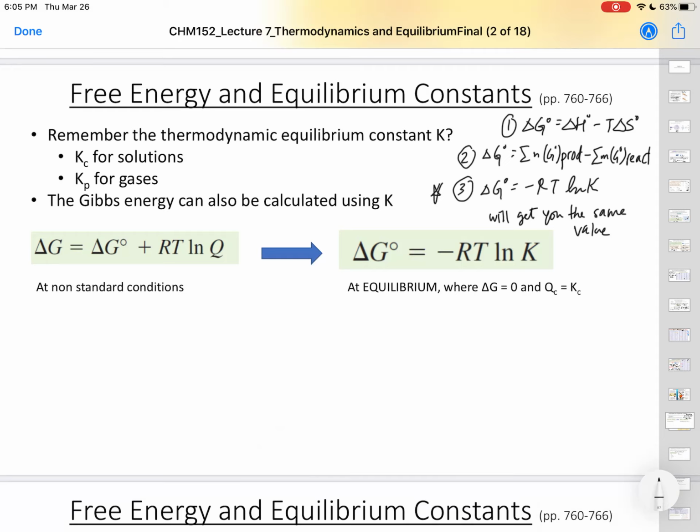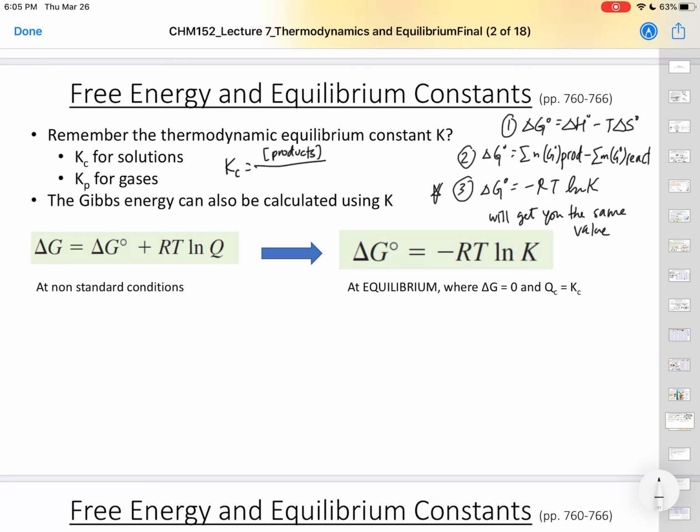So what is this third way of calculating it? This third way is to bring the idea of equilibrium into thermodynamics. Remember K, we learned it all the way back in chapter 14, where for solutions we use Kc, for gases we use Kp.